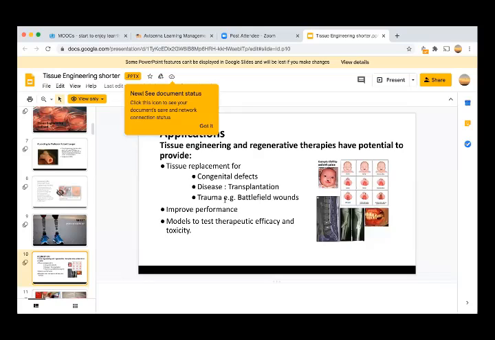We talked about disease to transplantations, it could be bladder, even kidneys, liver, bladder, bone, cartilage, blood vessels can even be used. The most superficial thing, which is skin, okay. What this does is it improves the performance, okay, and the models to test therapeutic efficacy and toxicity as well currently.